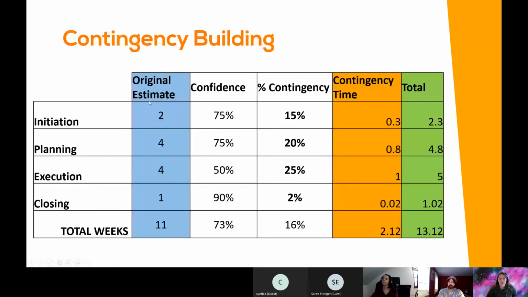It's important to keep your original estimates as they are. So if you think it's going to take 11 months, that is your estimate. That is what your team is going towards. The contingency is separate, and you add it to the project or the initiative if you need it. You don't up your estimates to be 2.3, 4.8, 5, 1.02.